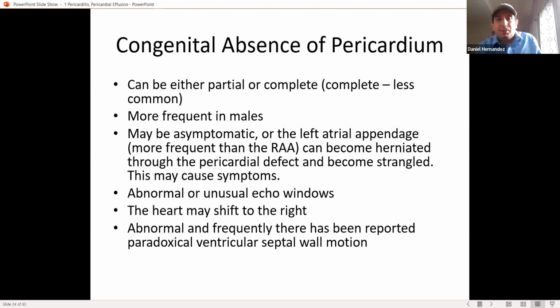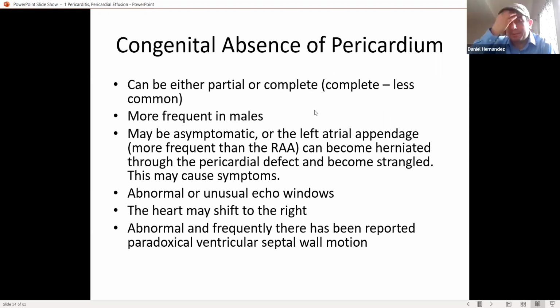So patients can actually be born without a pericardium. This is something called a congenitally absent pericardium. It can be either partial or complete, so a segment of the heart that does not have a pericardial layer, or it can be the entire heart that is not surrounded by the pericardium.